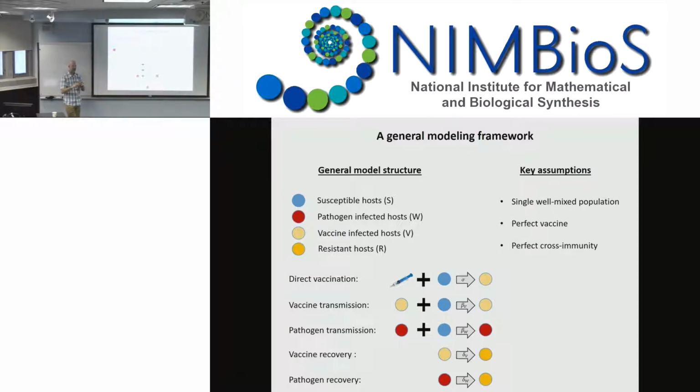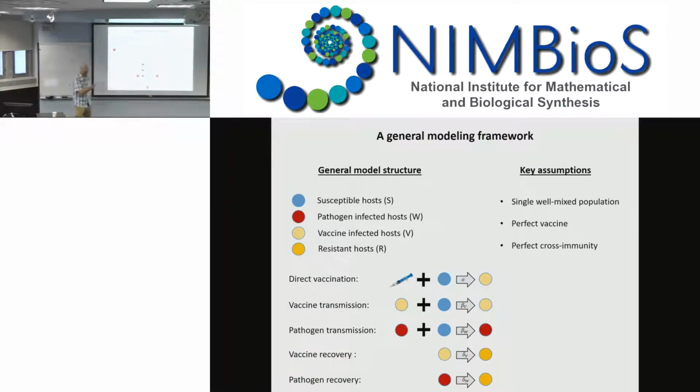The modeling framework I'm going to use throughout builds off this general classical framework used in infectious disease. And really what we've done is we've just taken classical SIR type models of vaccination and allowed the vaccine to transmit. Okay?